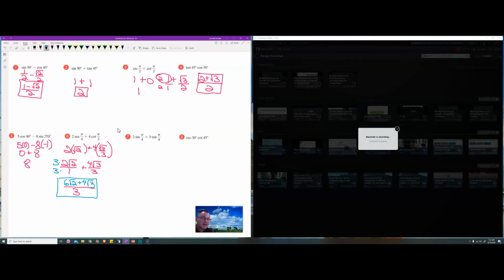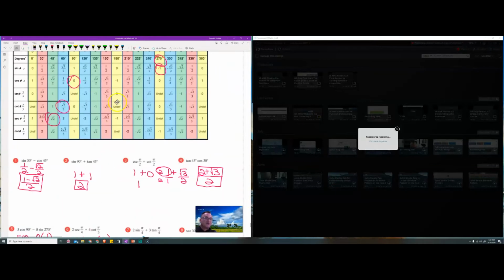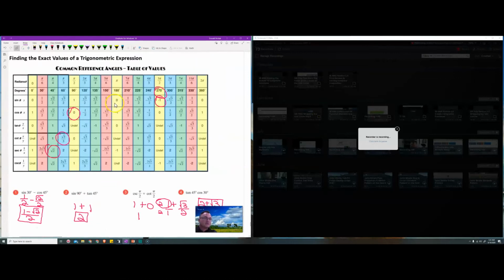You cannot combine the numerator because they're not like terms. They would both have to be root 2's or they would both have to be root 3's in order for me to add the 6 and the 4. Alright, 2 sine pi over 4. So sine at pi over 4 is going to be root 2 over 2.